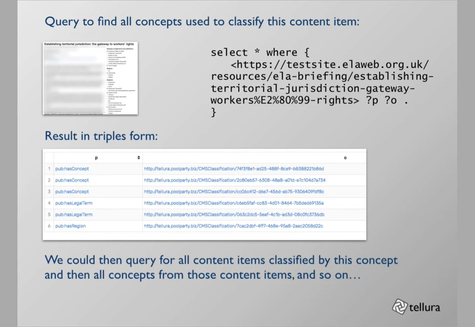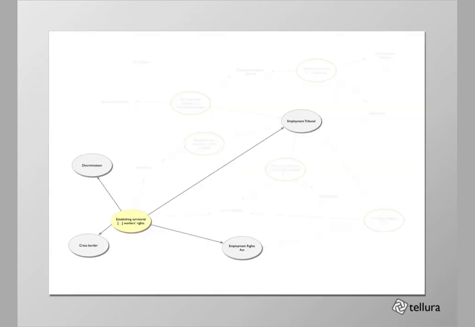So this is the key point. A concept can classify not just this content item, but other content items. This and the structure of triples enables us to explore by chaining queries together. So we can ask a question like, what is this content about? Well, it's about these things, but in this particular case it's about employment tribunals.